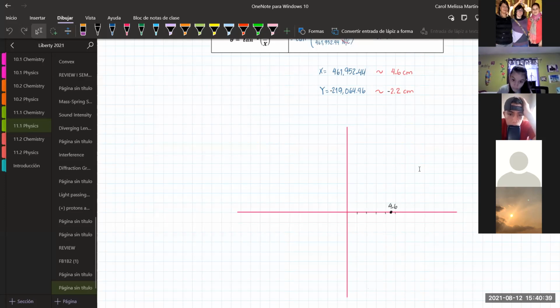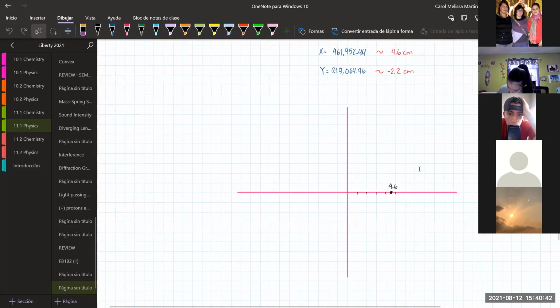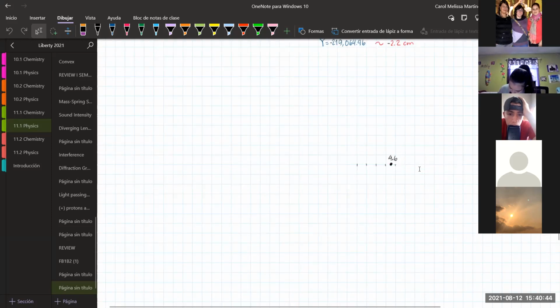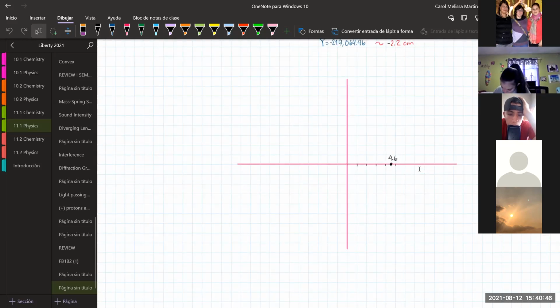And in y, it says negative 2.2, so it's going to be negative 1, 2, more or less here. And the resultant will be from the origin to the opposite corner. And the angle will be here.